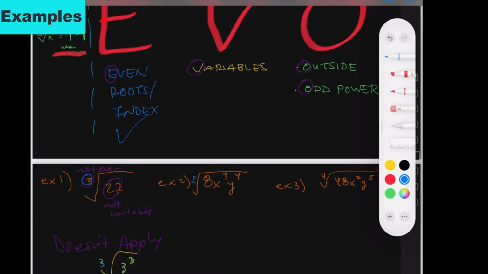And again, how do I make 8 here if I break it down into something else? I can do 4 times 2. And you can do 2 to the third power times x, and then y to the fourth, you can do y squared and y squared.